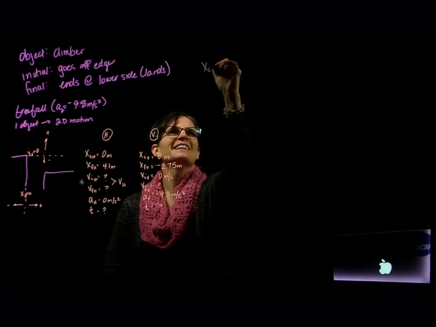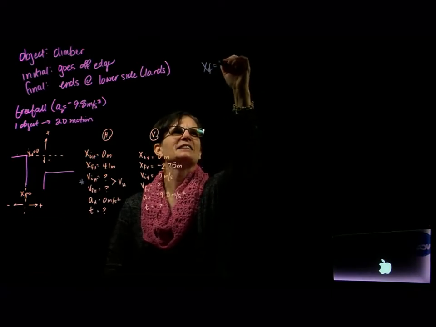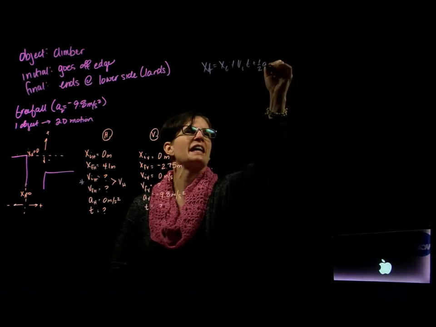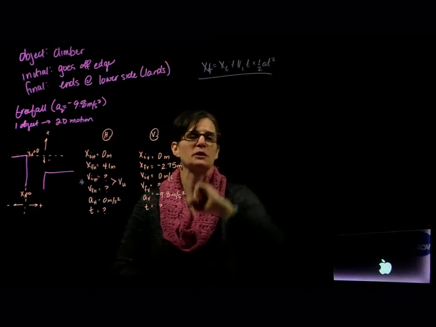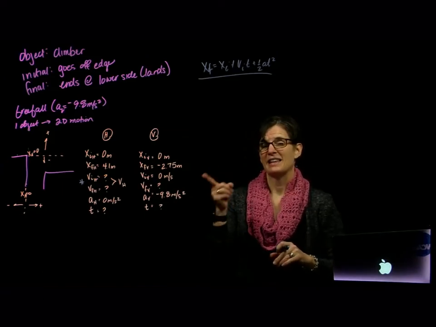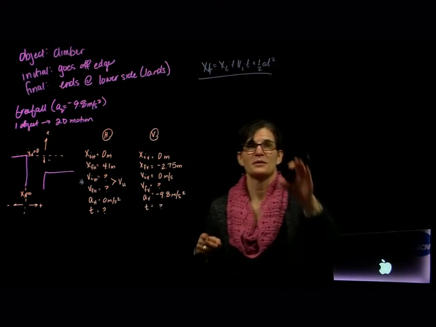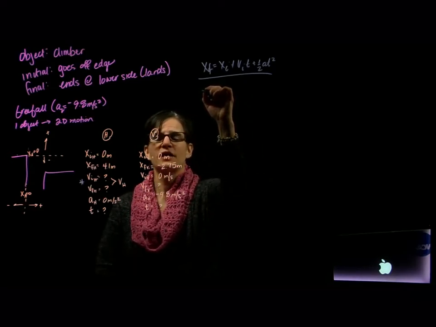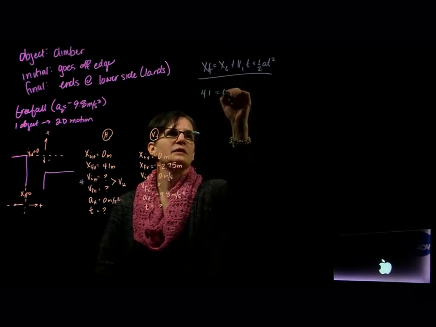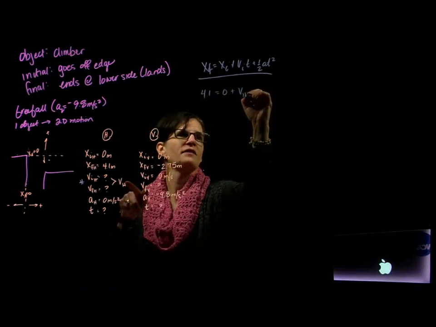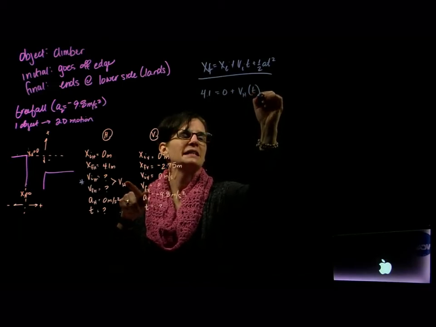X final is equal to X initial plus V initial t plus 1/2 a t squared is the equation I'm going to use because I have a non-accelerating system. So this term is going to go to 0, and I end up with X final, 4.1, equal to 0 plus V initial, which is what I want, we call that VH, times t.